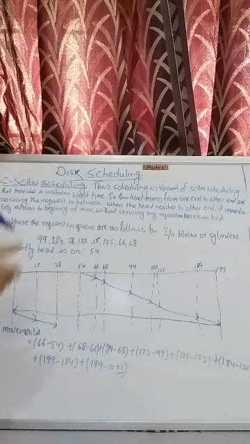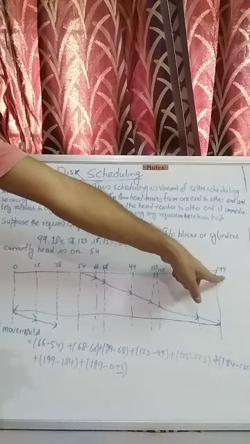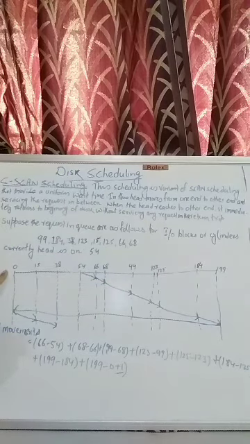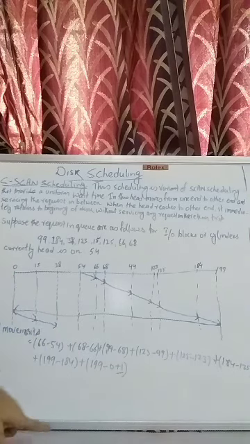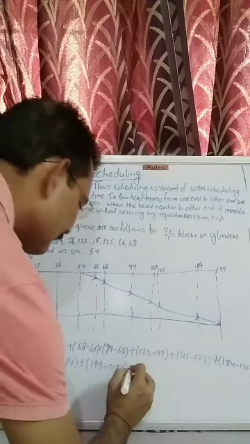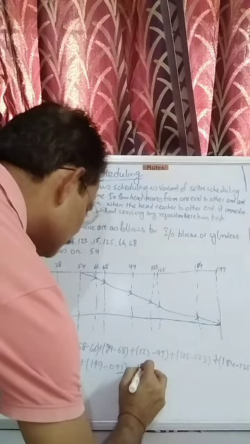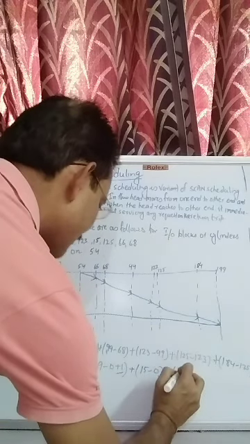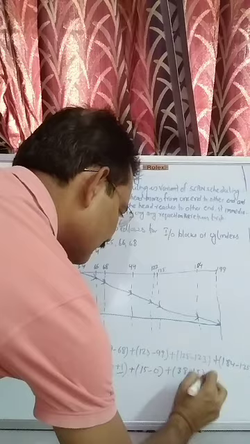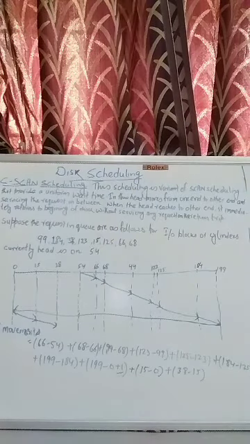So we have to add plus 1 in this case to accommodate the total disk size, and from 0 to 15, that is 15 minus 0 plus 38 minus 15. These are the head movements in this case.